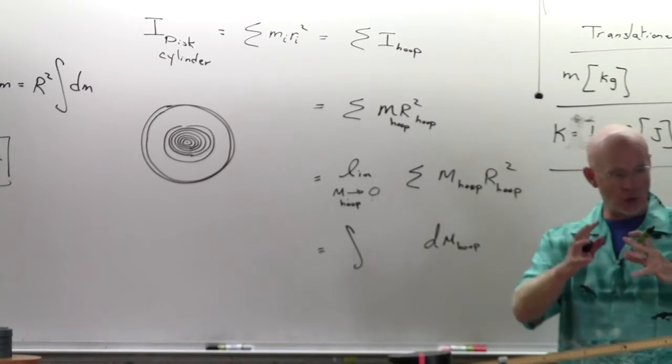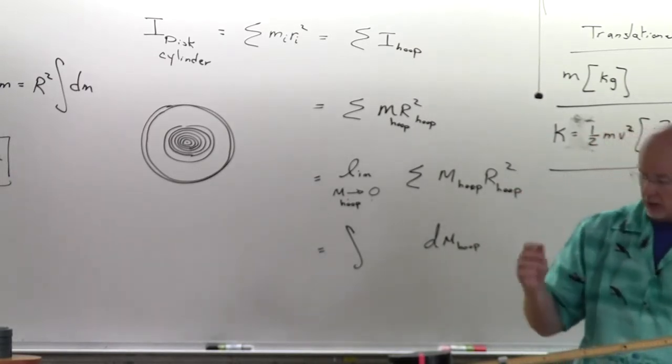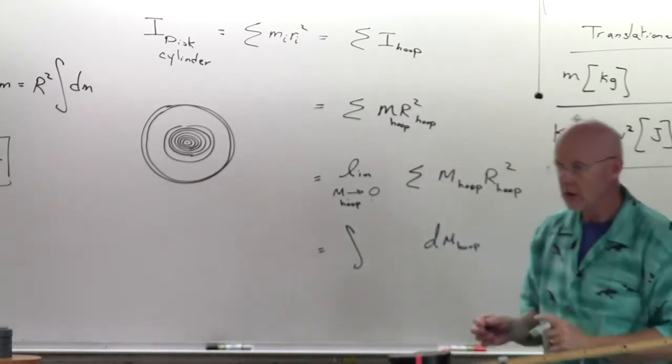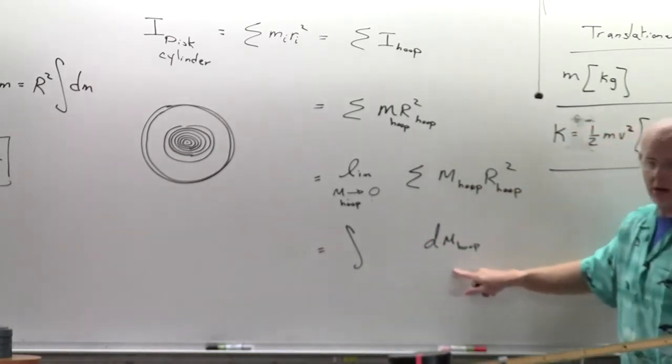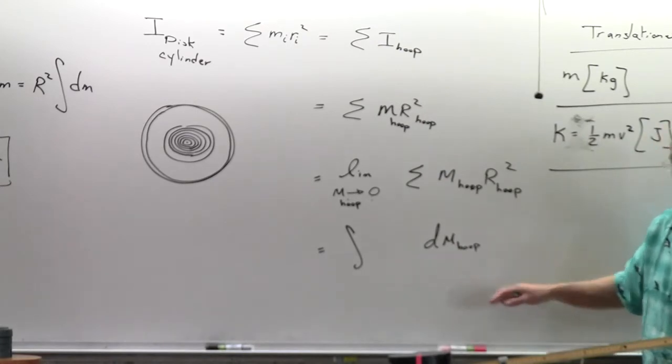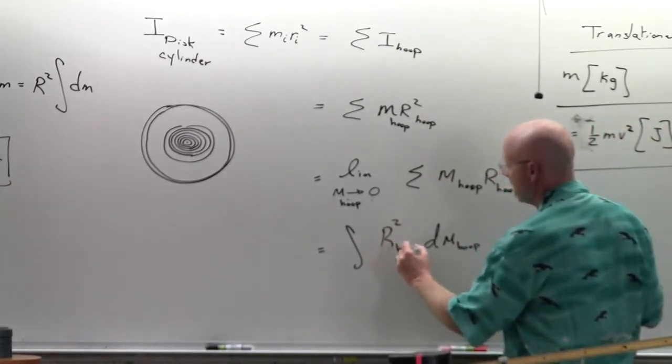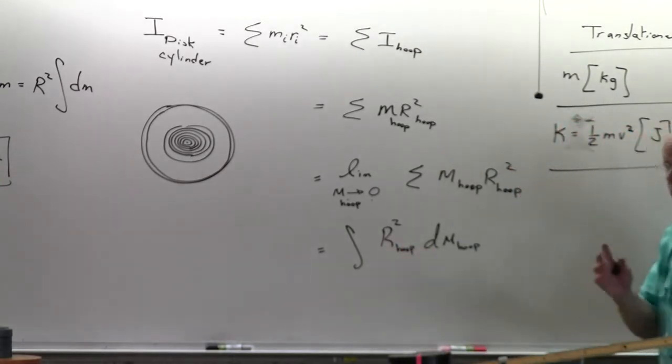The last hoop has a radius of what I'll call the whole radius. So this is not a dr. This is a dm. And this happens to be then times the radius of that particular hoop.